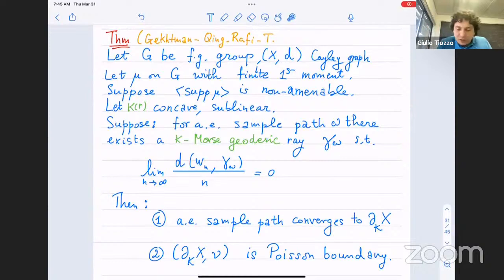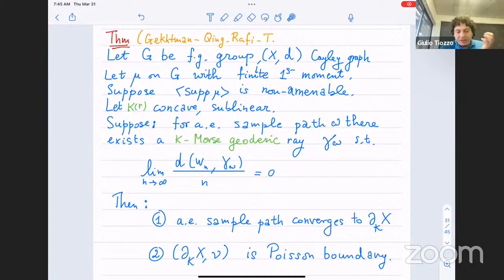This is true in the cases that we care about, because we want the drift of the walk to be positive. Then we take a concave sublinear function, as Kazura explained.